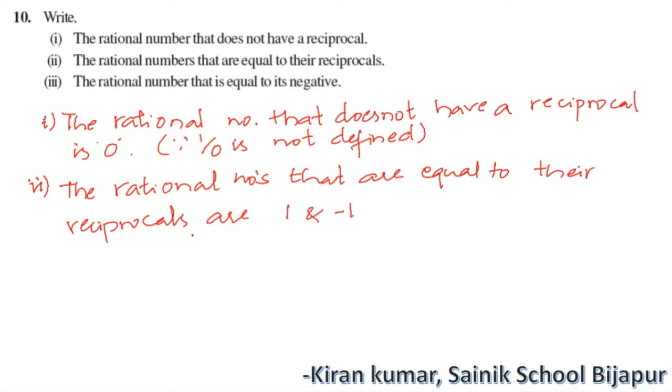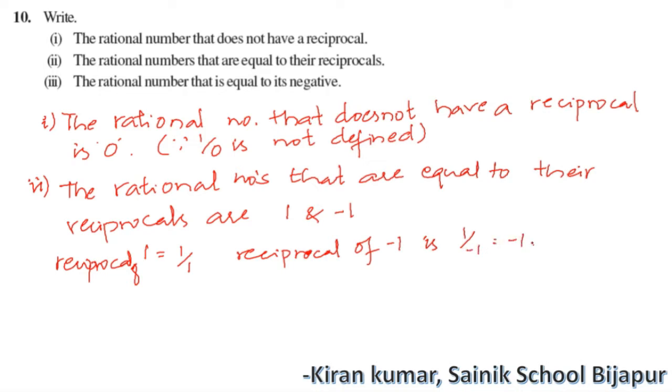The reason is the reciprocal of 1 is 1 only. Let me mention here, the reciprocal of 1 is 1 by 1. The reciprocal of minus 1 is 1 by minus 1, which is the same as minus 1. So the number and their reciprocal are equal to each other.